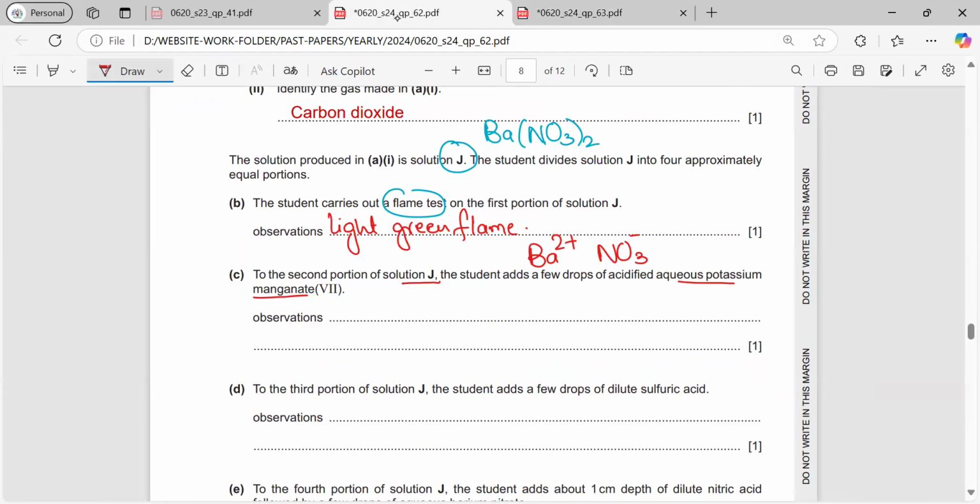So we cannot observe anything, so there will be no change in the color of potassium manganate. It will stay the same.